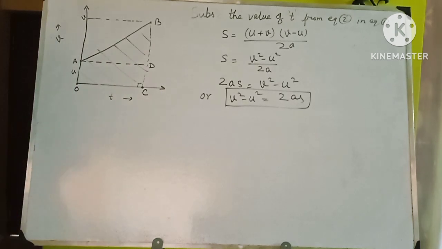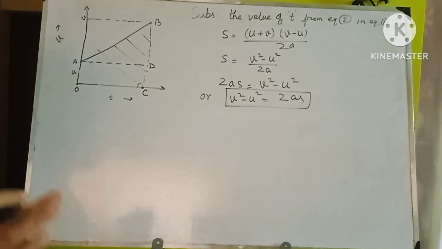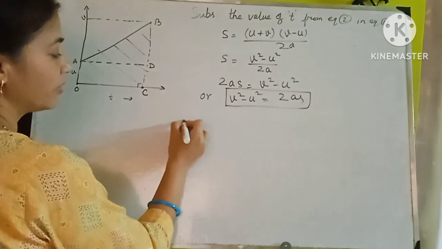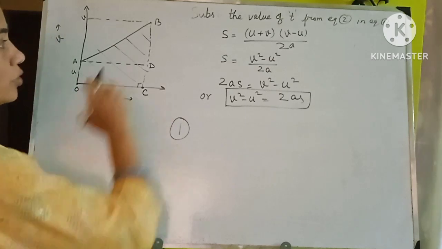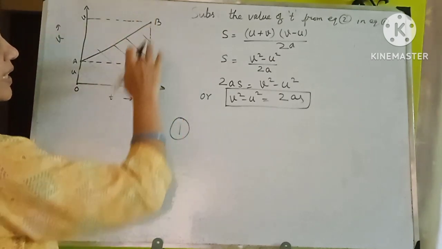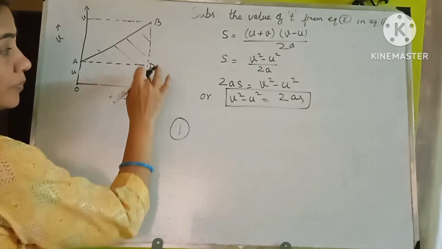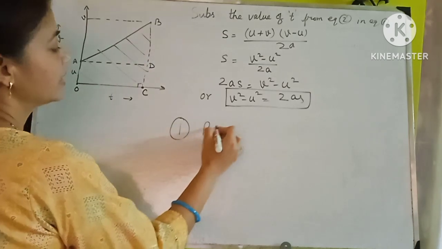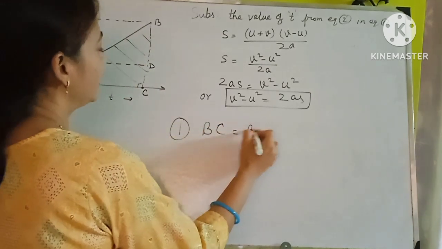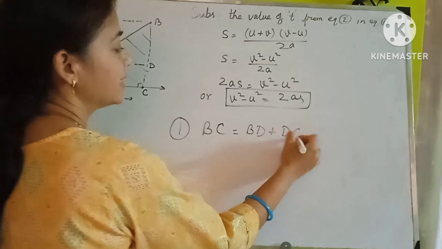Always in the graphical derivations, you have to remember where to start our derivation from. For the first equation of motion, you have to start from BC is equal to BD plus DC.